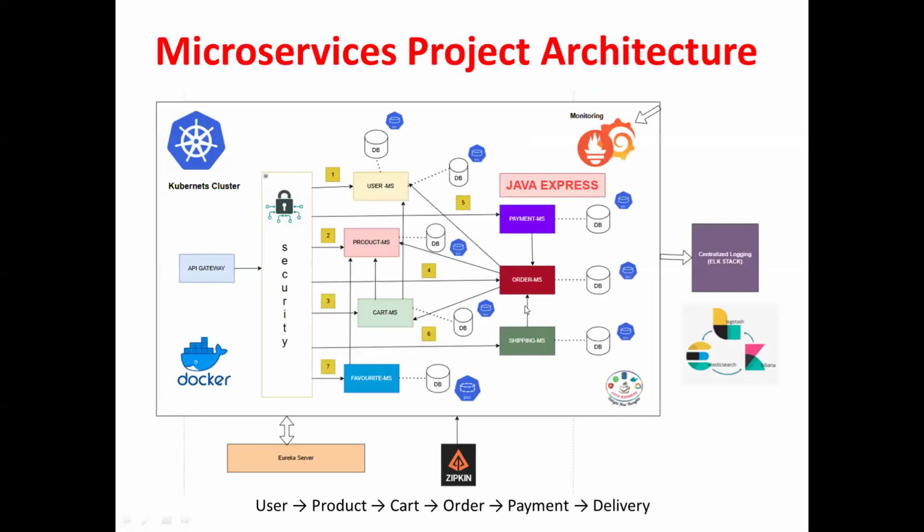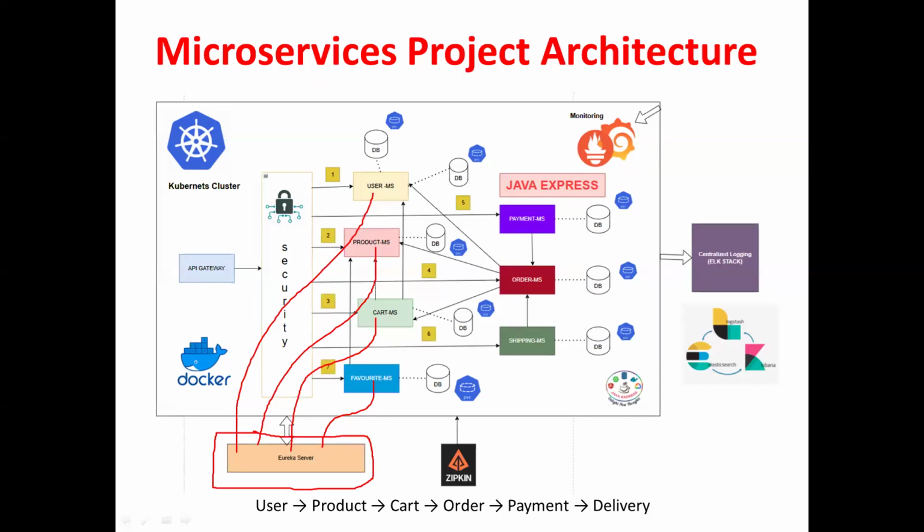This is our project architecture, right? Here we have a Eureka server. In this Eureka server, all your applications will register: user service, product microservice, cart microservice, favorite MS, and all the services available will be registered into the Eureka server.